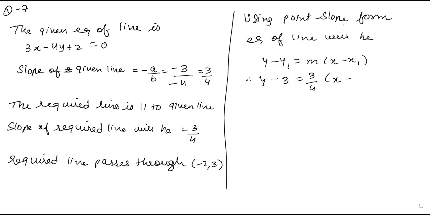X minus x1 is minus 2. If I cross multiply, then 4y minus 12 is equal to 3x minus minus plus 3 2 are 6. Therefore 3x minus 4y plus 18 equal to 0. This is the equation of a required line.